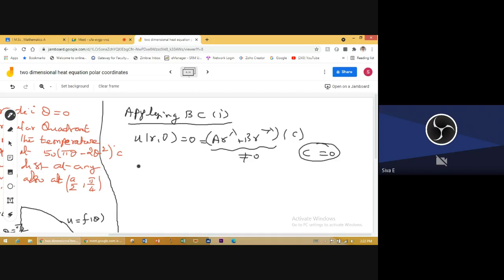Substituting C equal to 0 into equation 2, we get u of r comma theta equal to (A r power lambda plus B r power minus lambda) into D sin lambda theta. This is equation number 3.